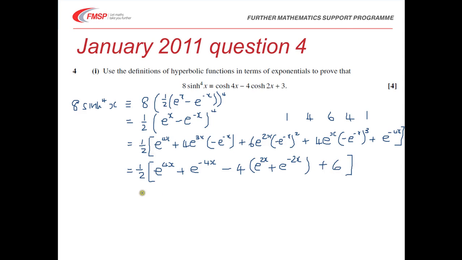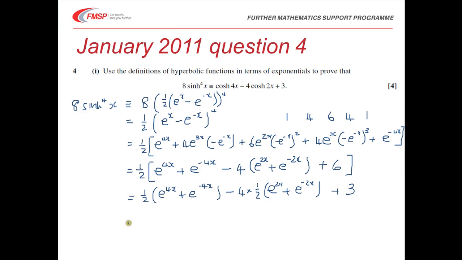And now, of course, we can hopefully see that that is a half of e to the 4x plus e to the minus 4x. And then we're going to have a half times 4, so that's minus 4 lots of a half of e to the 2x plus e to the minus 2x, plus 3.